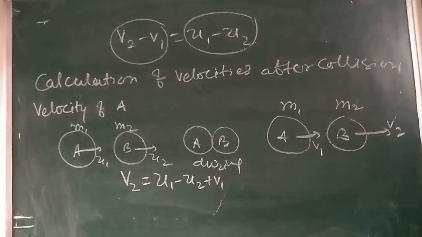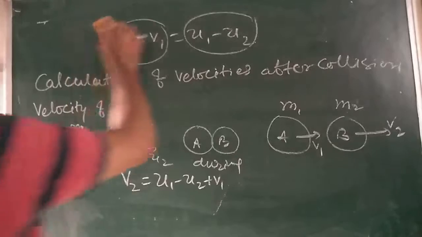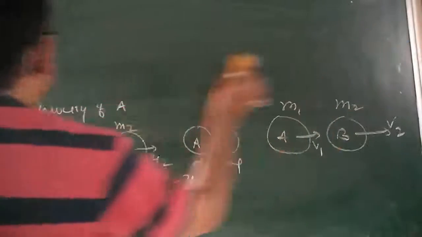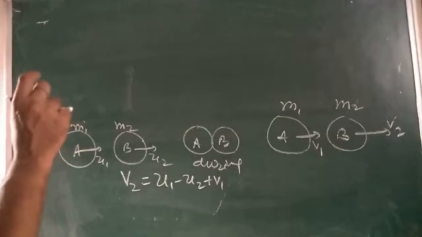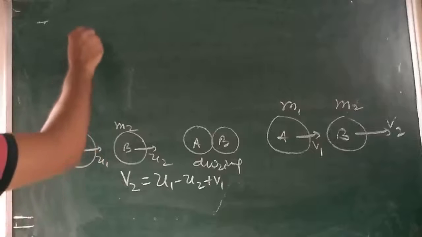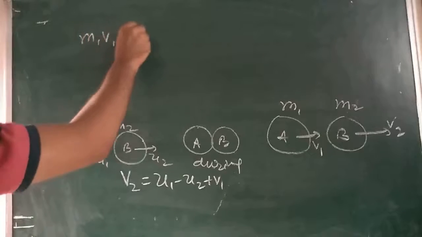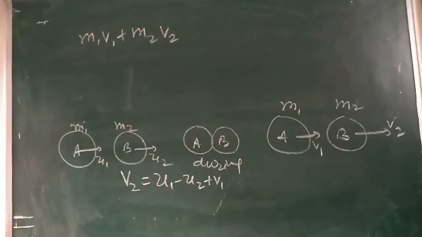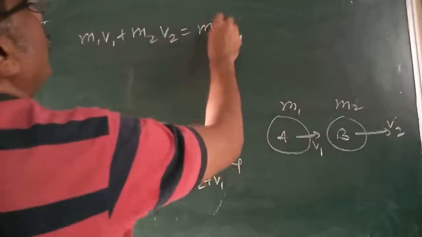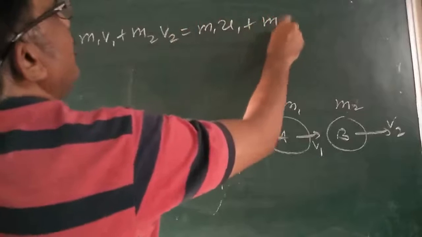Then we know our equation, the conservation of momentum: m1 v1 plus m2 v2, the momentum after collision, is equal to momentum before collision, m1 u1 plus m2 u2.